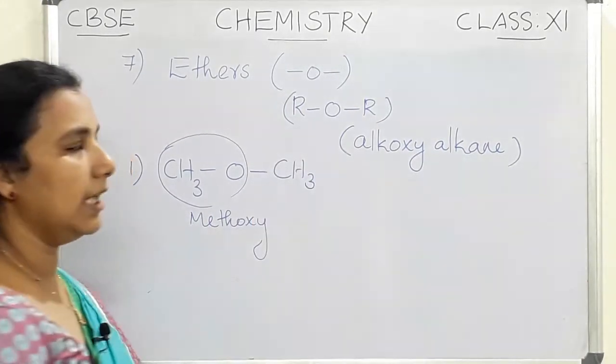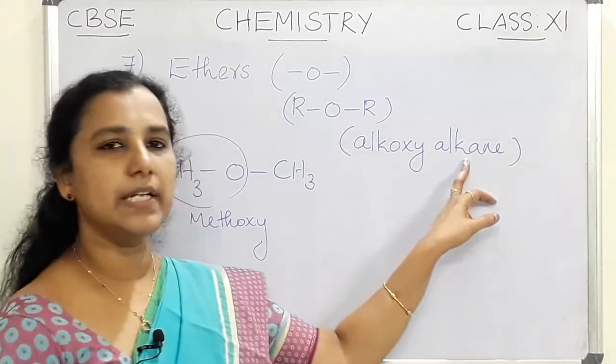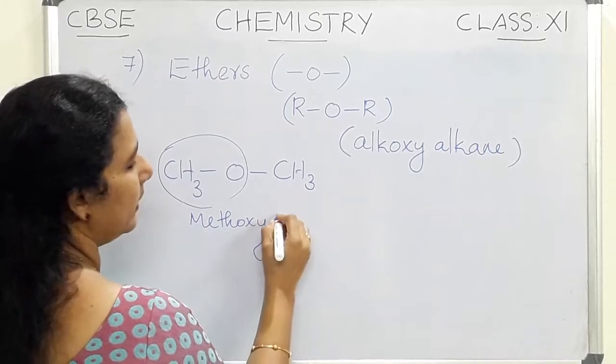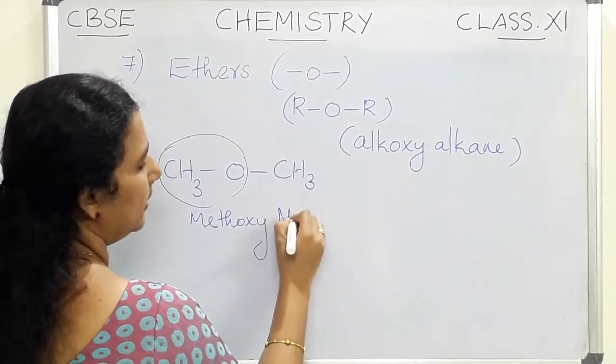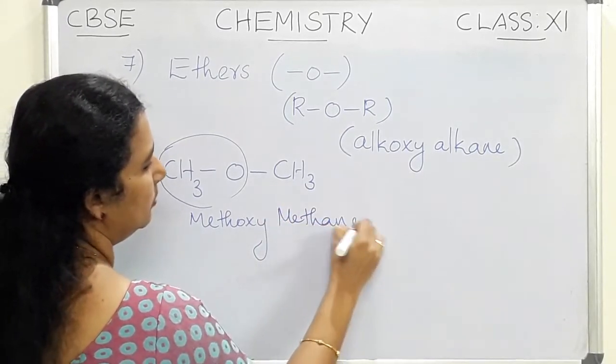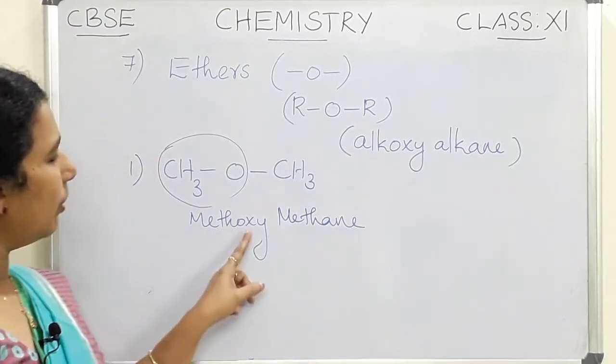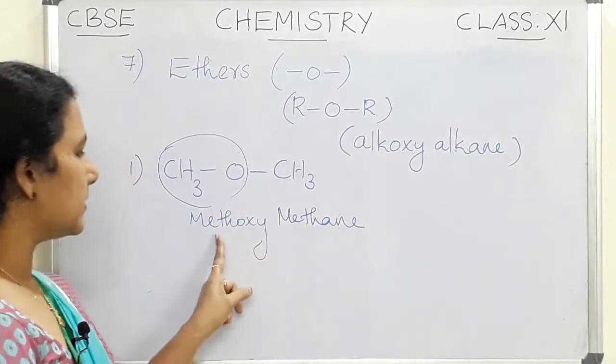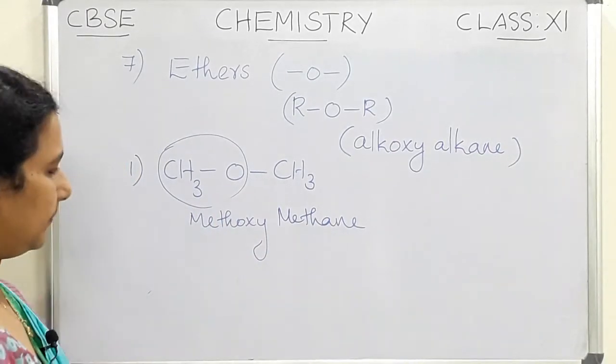That is the alkane part. Here there is one carbon atom, so we can write methane. So the name is methoxymethane. Like alkoxyalkane, it is methoxymethane.